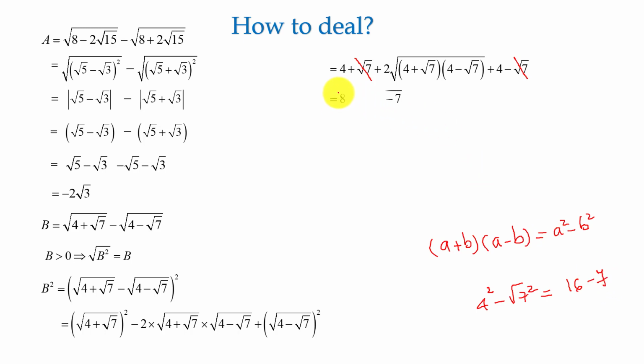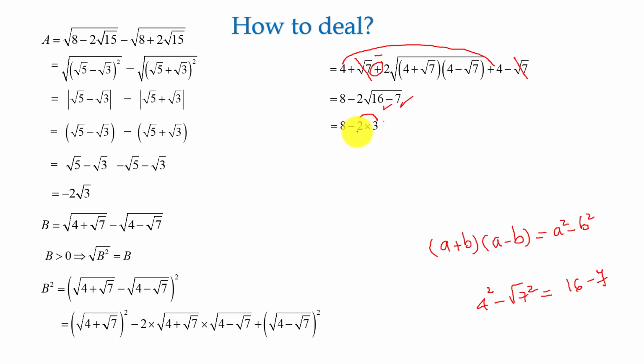So we can write it equals 8, because 4 plus 4 equals 8, and then minus 2 square root of 16 minus 7, which equals 8 minus 2 times 3, because 16 minus 7 is equal to 9, so square root 9 is equal to 3, and 2 times 3 we get 6.